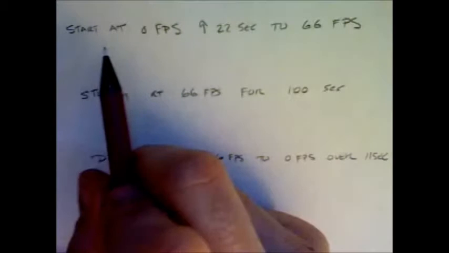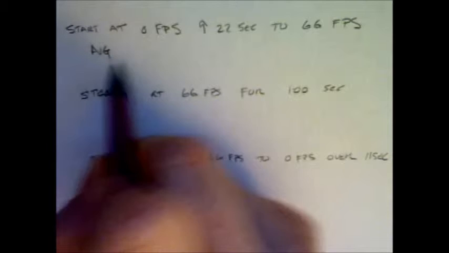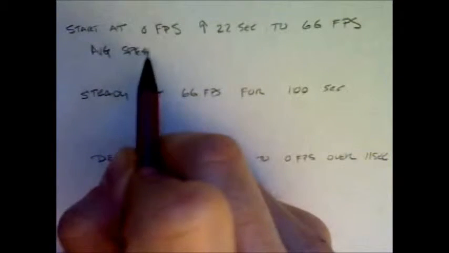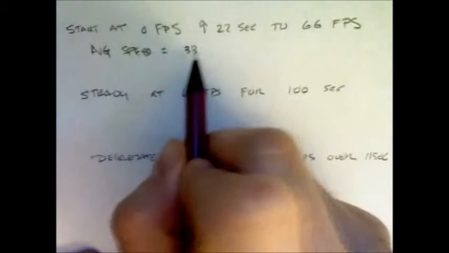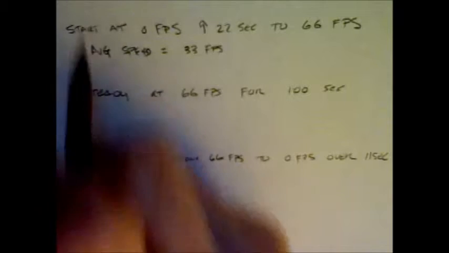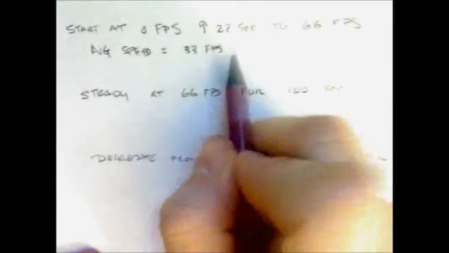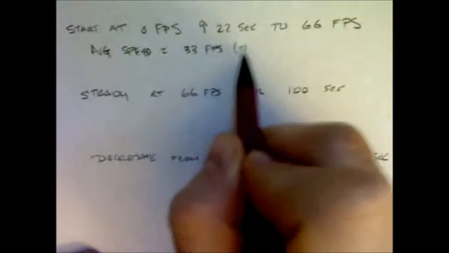Well, in this first one right here, we can see that my average speed is going to equal 33 feet per second. We want to find out how far I've traveled in this time. Well, my average speed is 33 feet per second, and I did that times 22 seconds.